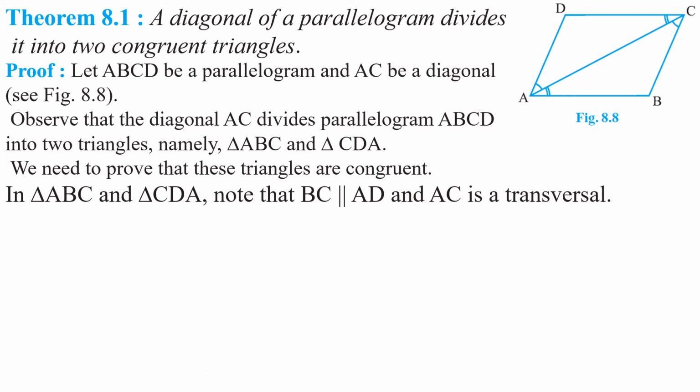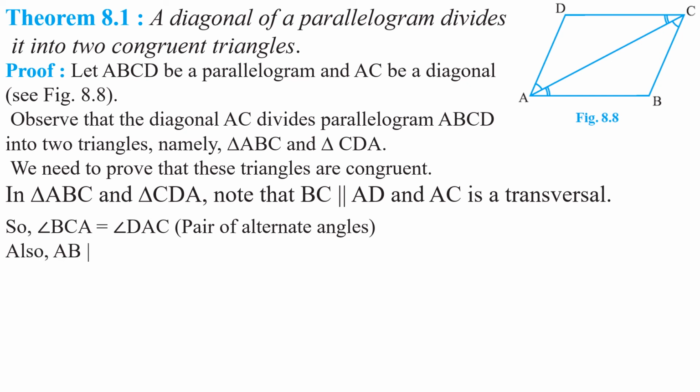Yes or no, my children? So angle BCA is equal to angle DAC, because these two angles are a pair of alternate angles. They are equal because these two lines are parallel.